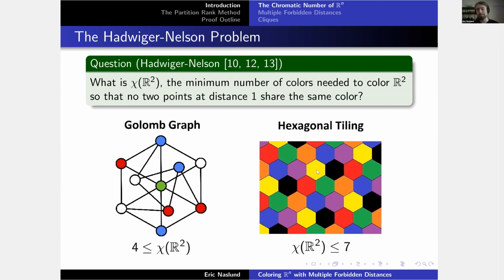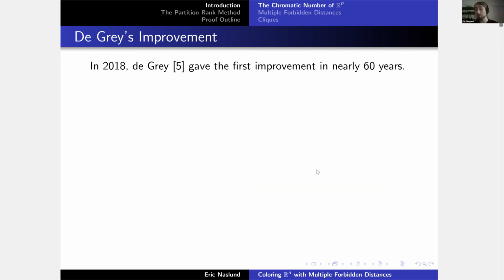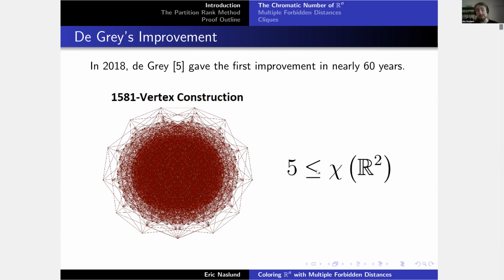In the last several years, there was an improvement by a researcher who is well known in longevity research, not really in mathematics. He gave an improvement to the lower bound, constructing a 1,581 vertex graph that showed that the chromatic number of the plane was at least 5.